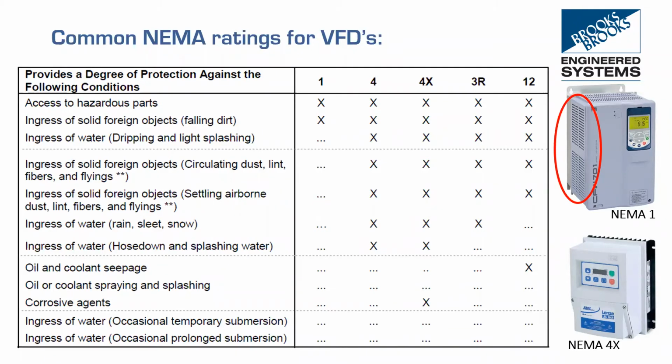You just have to have big enough fans inside. For smaller VFDs, maybe up to about the 20 or 25 amp range, we can put a heat exchanger on the back of a NEMA 4 drive, and that can get rid of enough heat. But once we get above that 25 amp rating, these heat exchangers don't really get rid of enough heat.